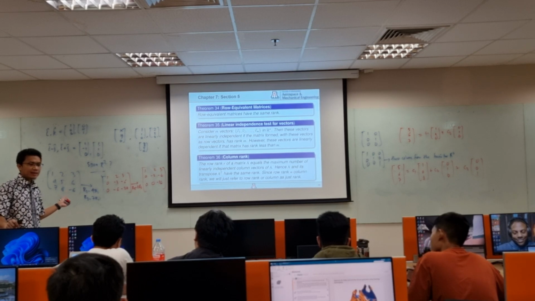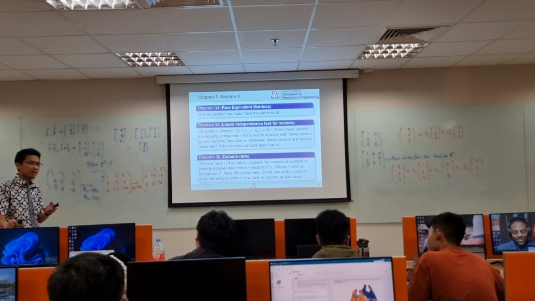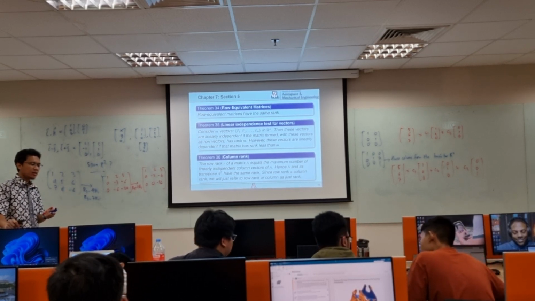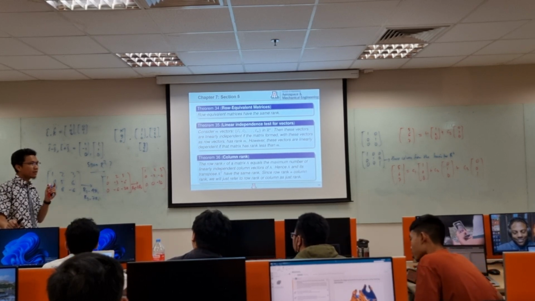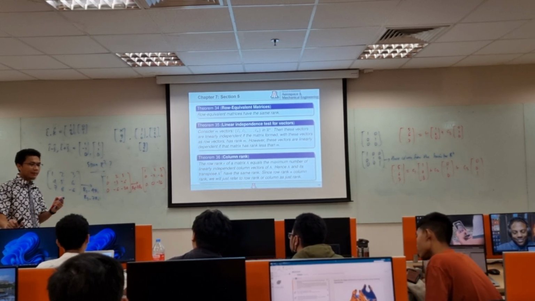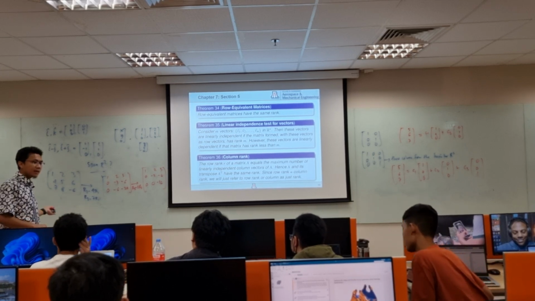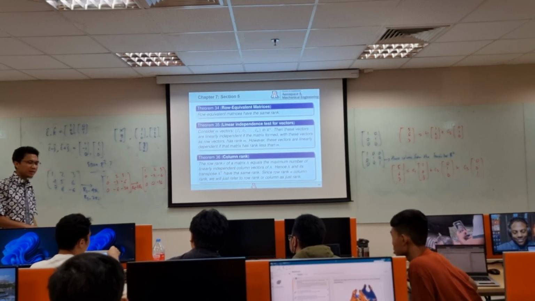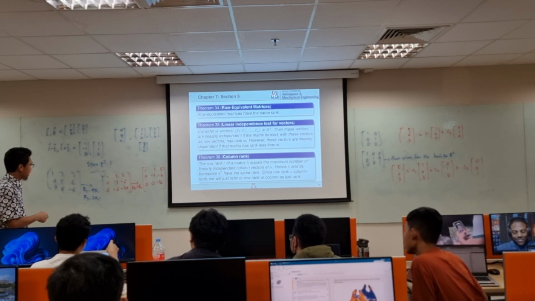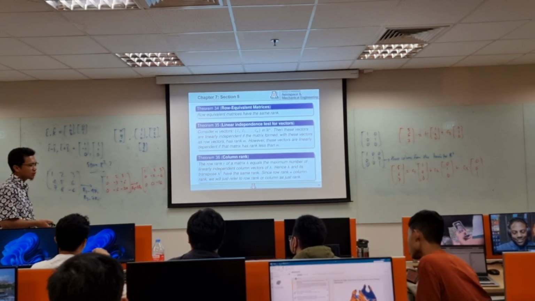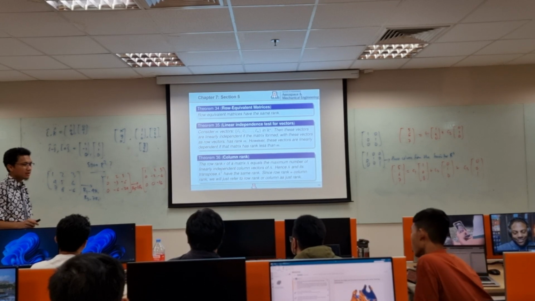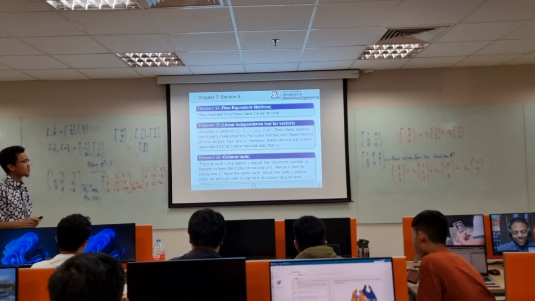If the matrix is linearly dependent, it is easy to see. But if it is full rank, it is not easy to see, you cannot find C1, C2, or C3. It's not easy to see that.